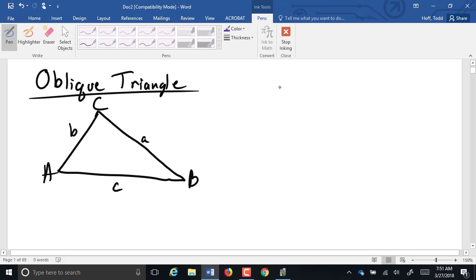We've discussed here before that the largest side is across from the largest angle. So let's label some angles here. What if I tell you that this here is 35 degrees, this here is 86 degrees. Of course, what does A have to be?